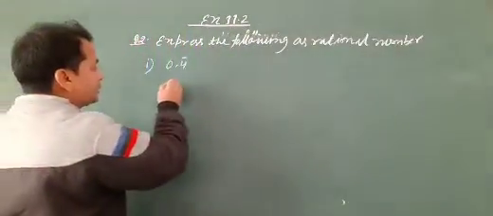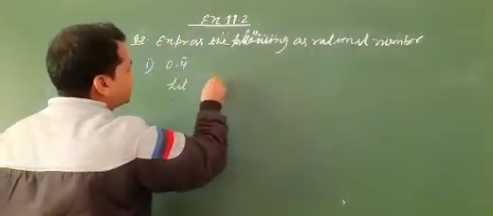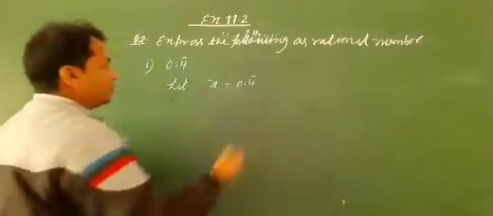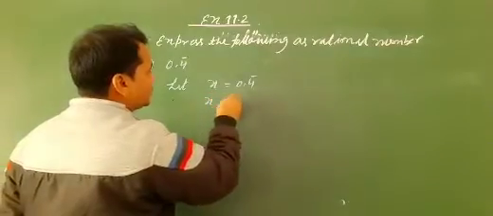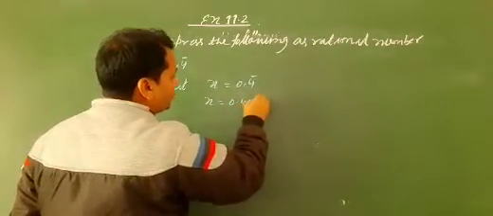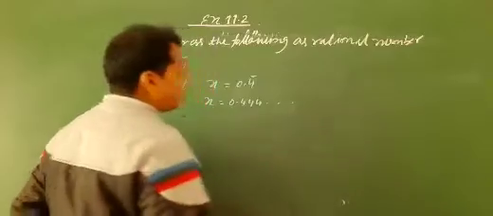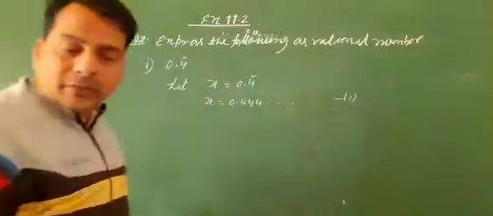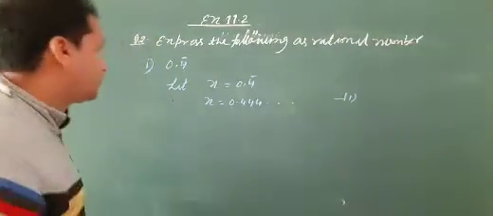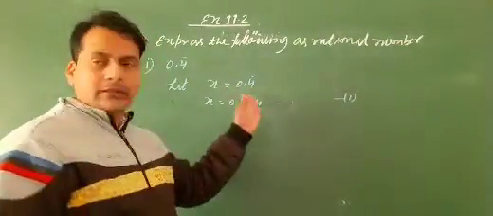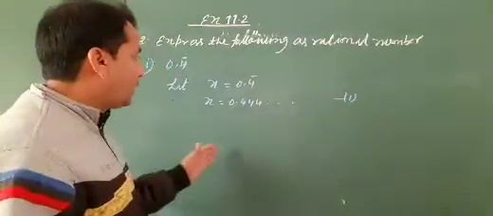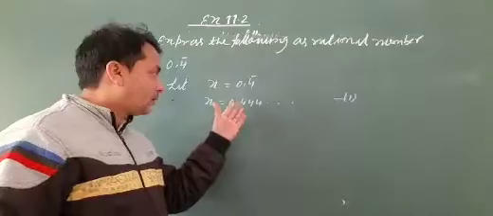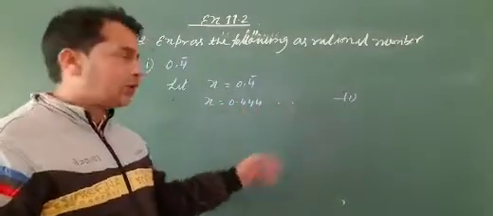Let x equal 0.4 bar, which means x equals 0.444... That is the first equation. Now after the decimal point one digit is repeated, so we multiply by 10 on both sides.